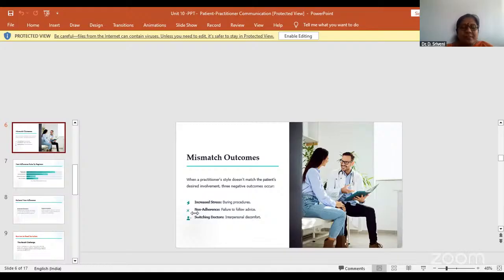And the consequences of style mismatching are that when these behaviors occur, they often lead to loss of rapport, which can make the practitioner less responsive or the patient more defensive. In technical terms, it is important to highlight that the ideal communication occurs when both parties are mindful of their roles.